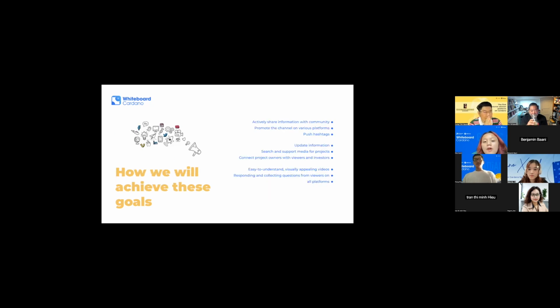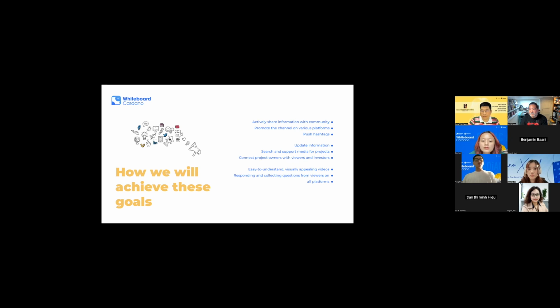And to achieve this goal, we prioritize active community engagement by regularly sharing valuable information through our channel, and actively promoting our content on various platforms is a key aspect of our strategy. Through targeted marketing and the use of relevant hashtags, we ensure that our message reaches the intended audience.